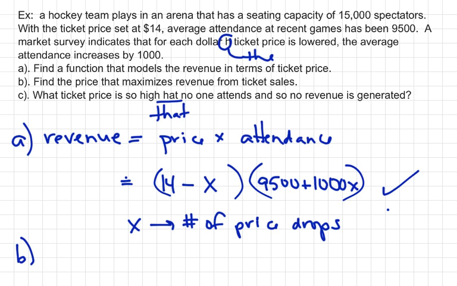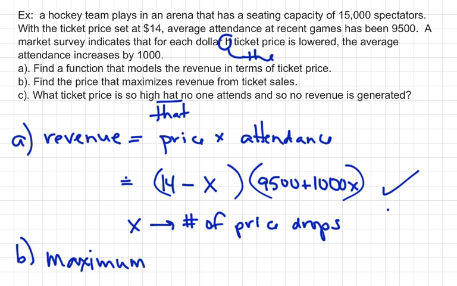In part B, we want to find the price that maximizes the revenue from ticket sales. So the best way to do this problem is to really just graph it in your graphing calculator and change the window so that you can see what's going on. Once you do that, you use your max function under second trace to find where the maximum is at.